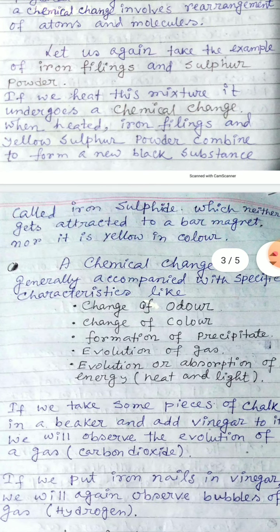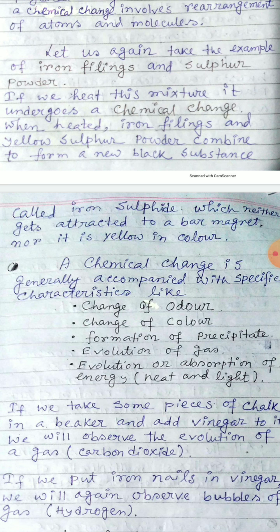Let us again take the example of iron filings and sulfur powder. If we heat this mixture of iron filings and yellow sulfur powder, it undergoes a chemical change. When heated, iron filings and yellow sulfur powder combine to form a new black substance called iron sulfide.